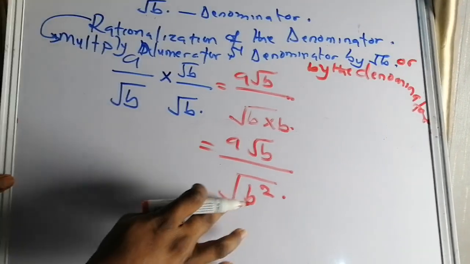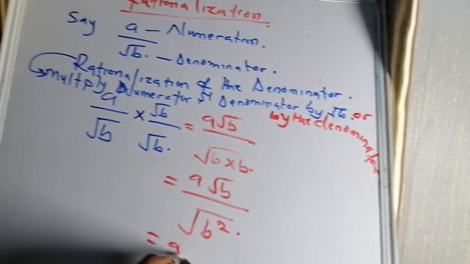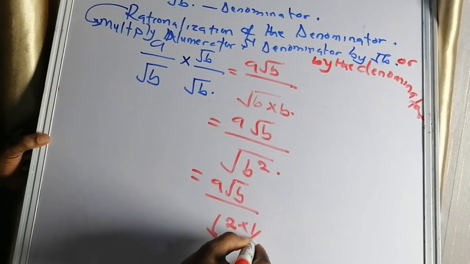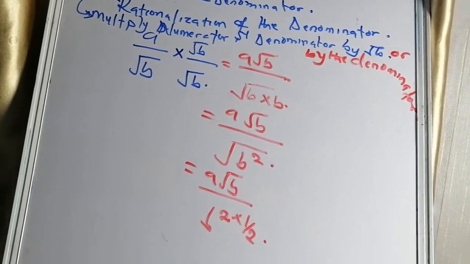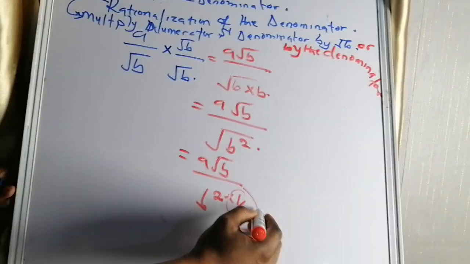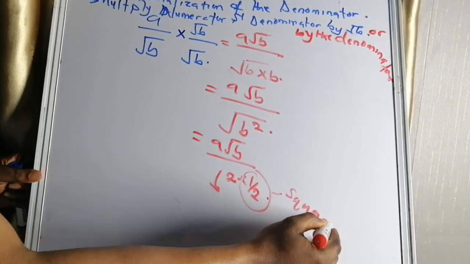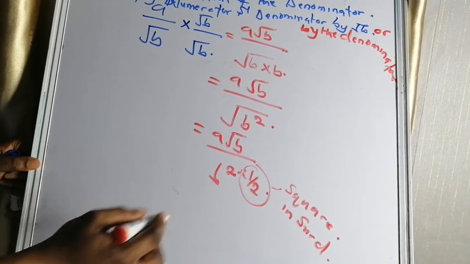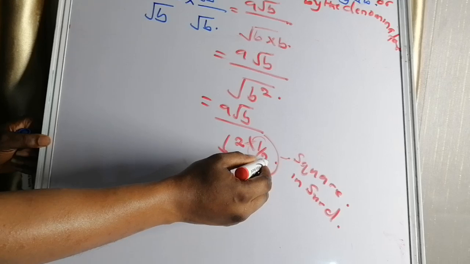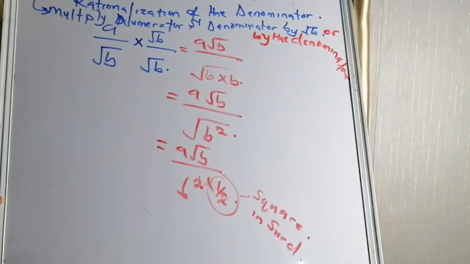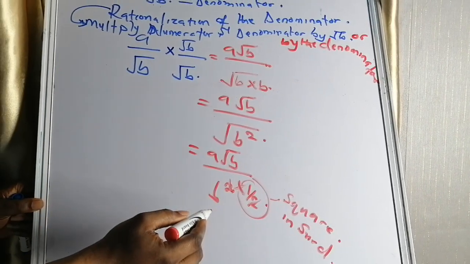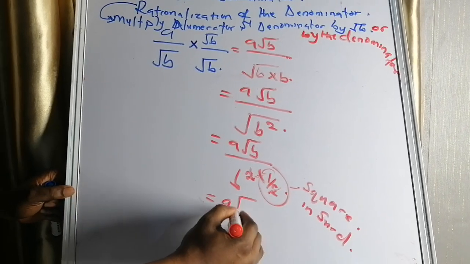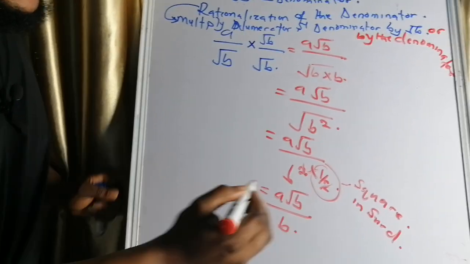Don't forget, square root is the same thing as b raised to the power 2 times 1 over 2. So from here, I can cancel this 2 and this 2, because both are powers. Now you have a root b over b.